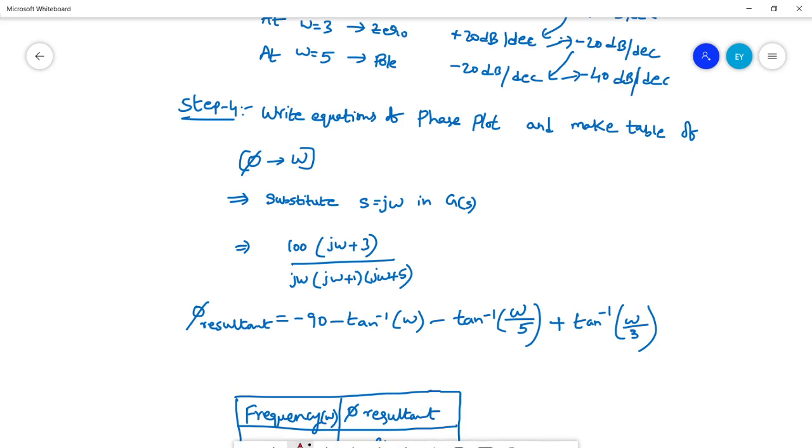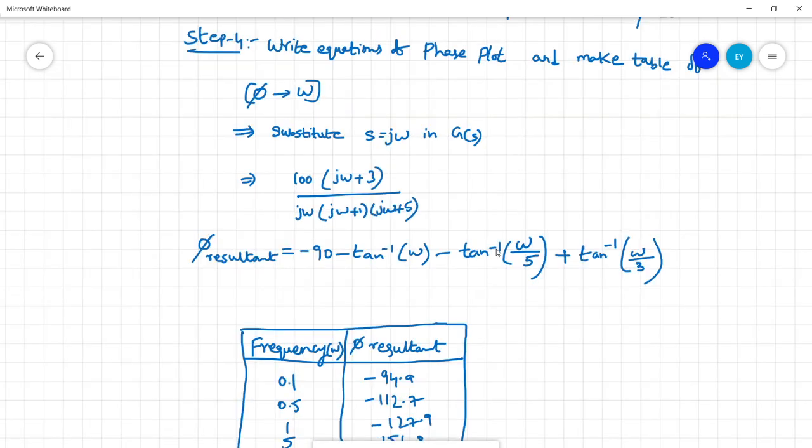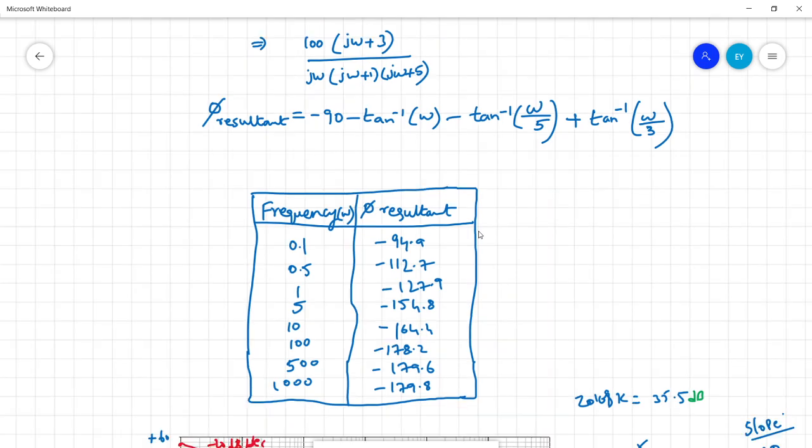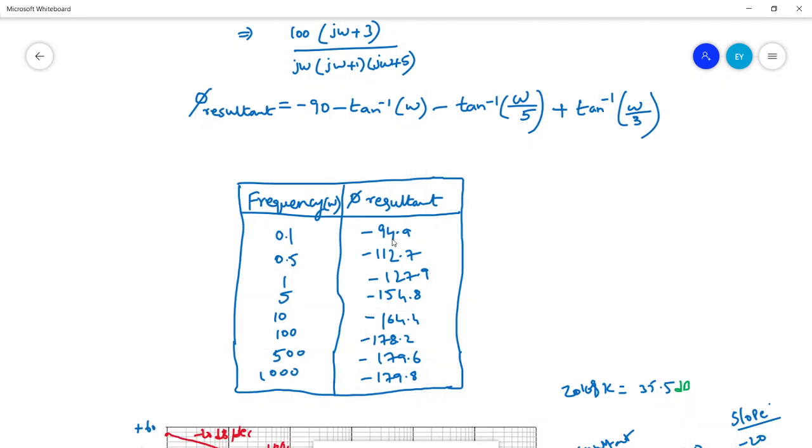So for different sets of omega values, starting from 0 till the final omega value, we will substitute those frequencies in the resultant phase equation, and we'll get the different phase angles. At omega equal to 1, we'll get minus 94.9, and substituting different sets of omega, we'll get the resultant phase angles.